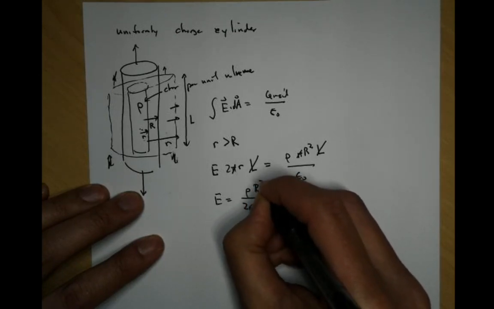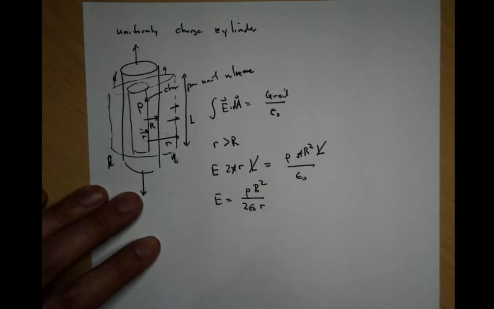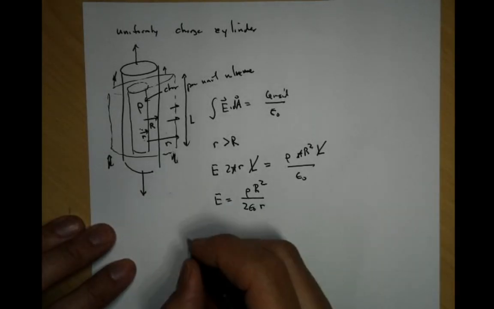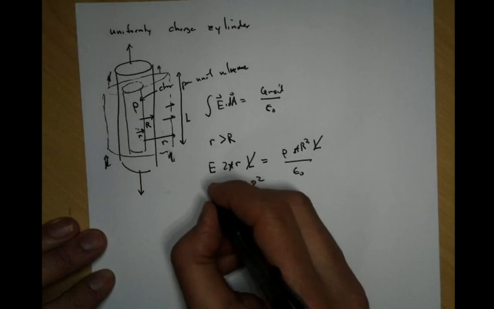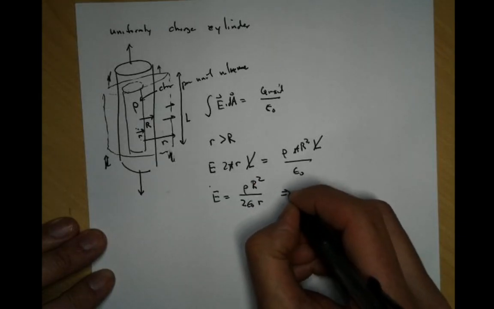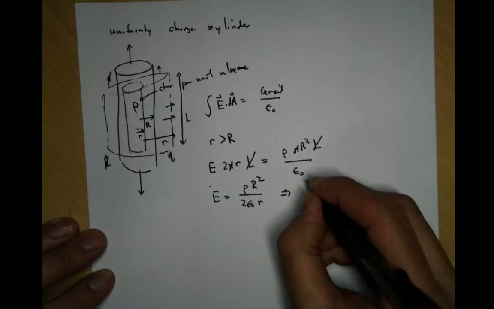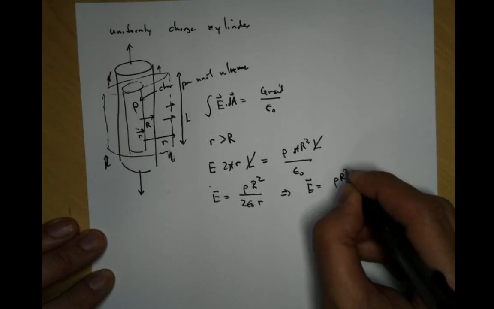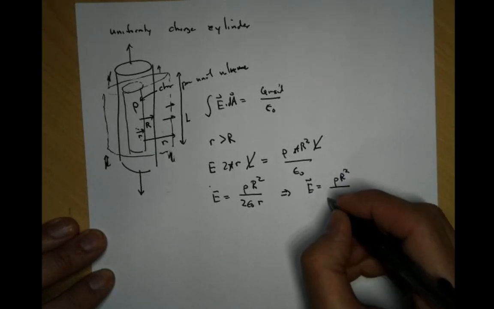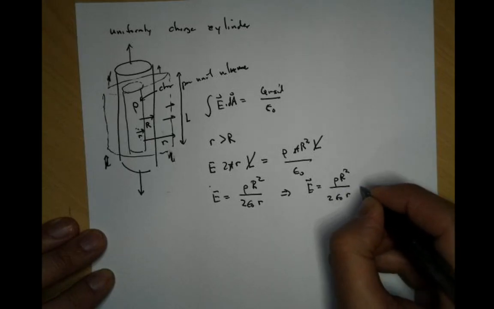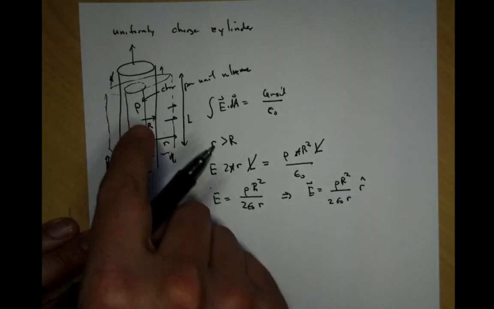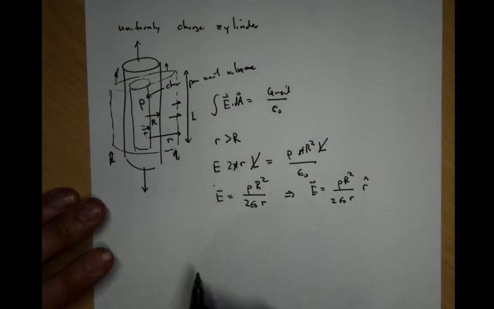Oh yeah, that actually works out really nicely. Okay, good. And then for the vector components, E vector is equal to rho R squared over 2 epsilon naught r r-hat, pointing outward.